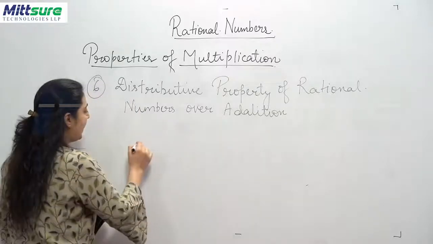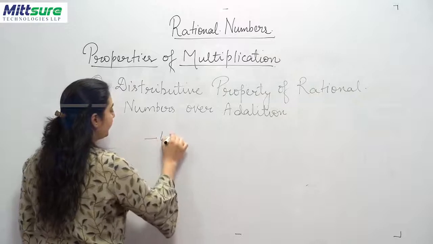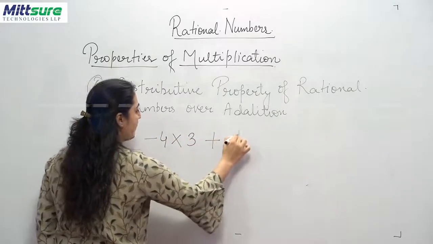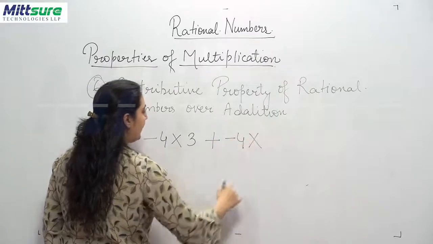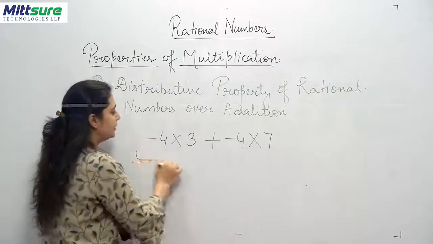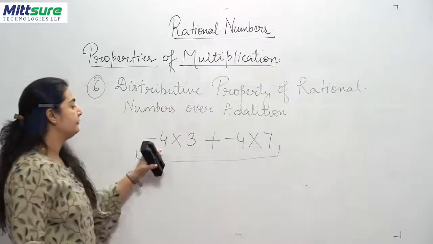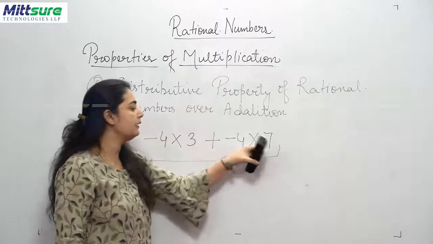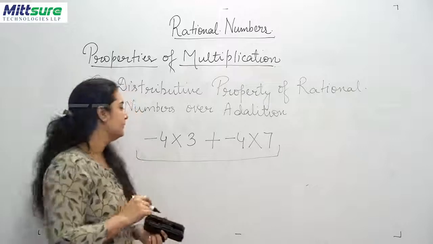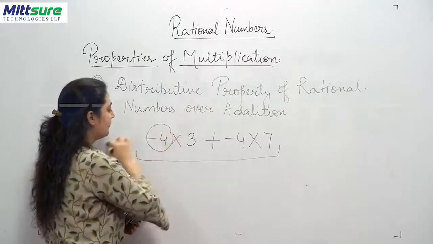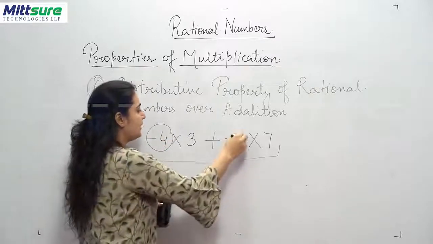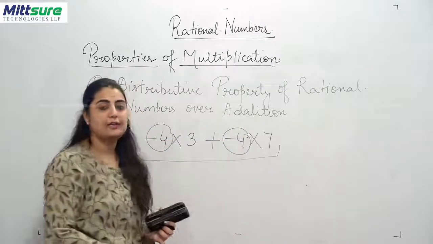Now, suppose I have minus 4 multiplied by 3 plus minus 4 multiplied by 7. Okay, now this is the condition where I have two integers getting multiplied. What is to be observed here is that this minus 4 is multiplying with 3 and the same minus 4 is getting multiplied to 7 also.